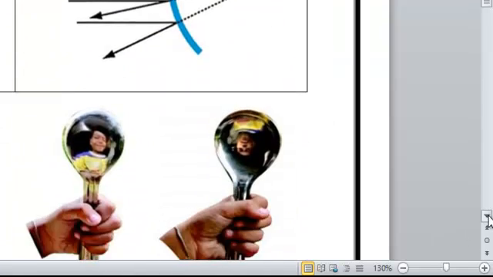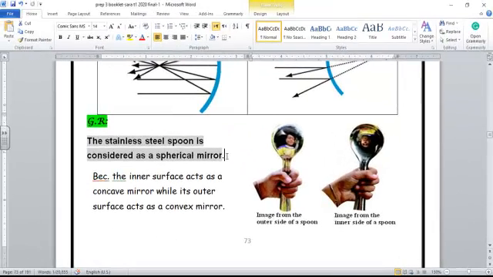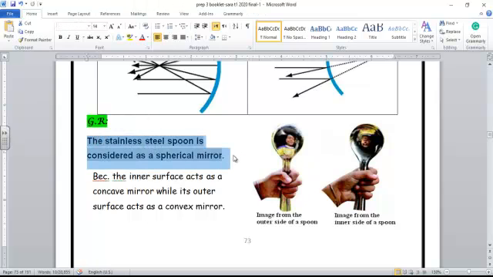The next give reason: why is the stainless steel spoon at home considered a spherical mirror? When you go home, go to the kitchen and look at your face in the stainless steel spoon.